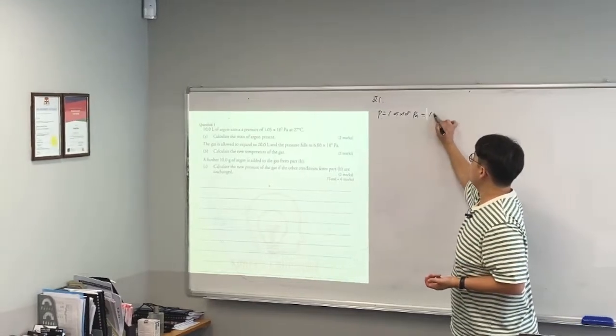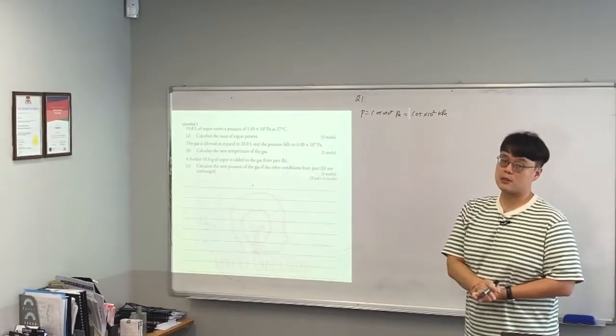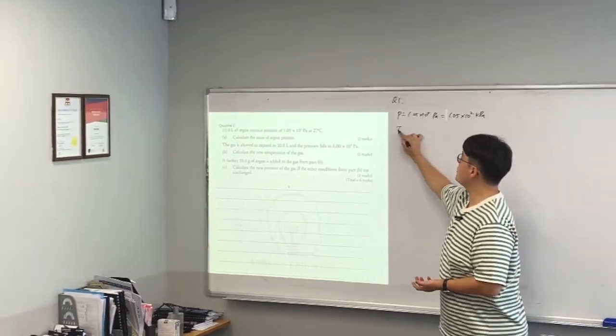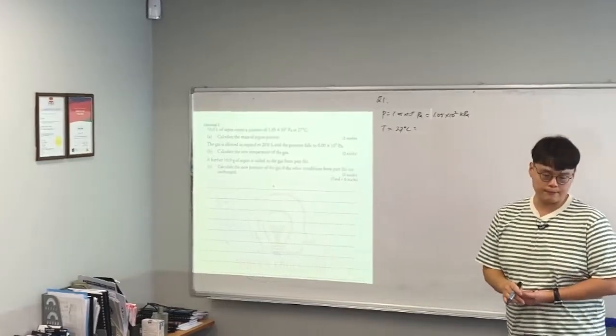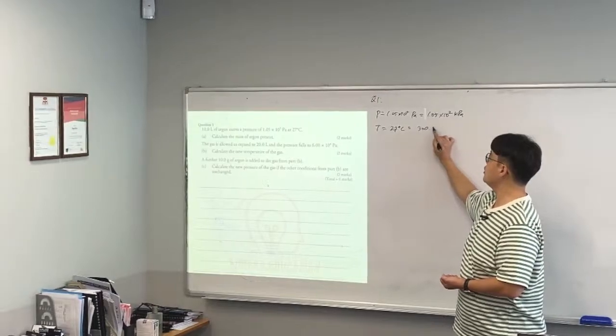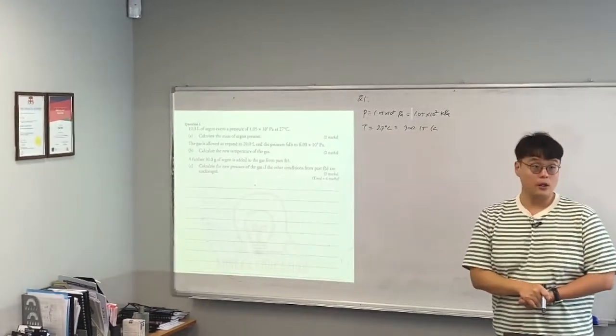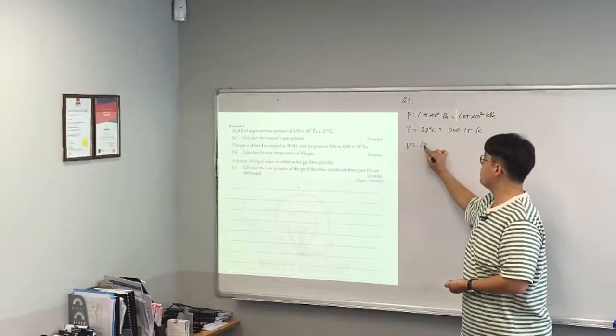So that is 1.05 times 10 to the power 2 kilopascal. Temperature is 27 degrees Celsius. Remember that to convert it into the unit of Kelvin, that gives you 300.15 Kelvin. The volume is given at 10.0 liter too.